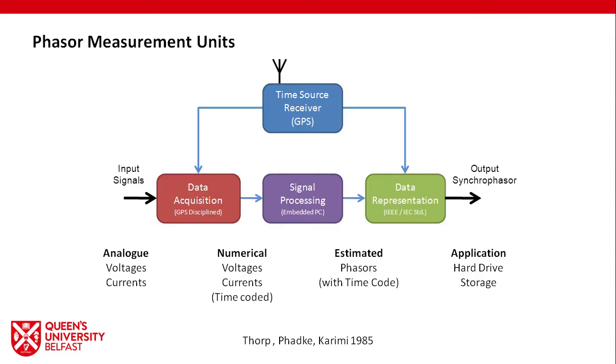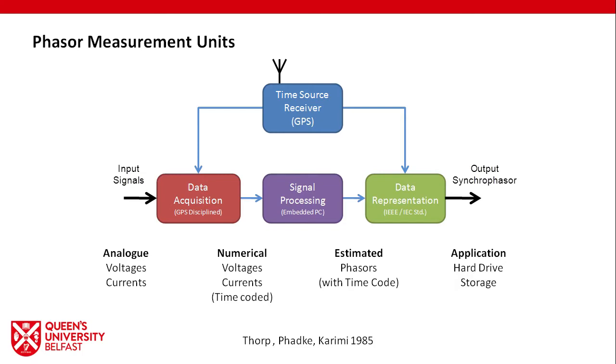Let's consider briefly how the phasor measurement unit operates. The phasor measurement unit was described by Thorp, Phadke and Karimi in the mid-1980s, and prototype devices were built by them. The basic operation of modern devices still relies on the same principles. That is, there are essentially three blocks.